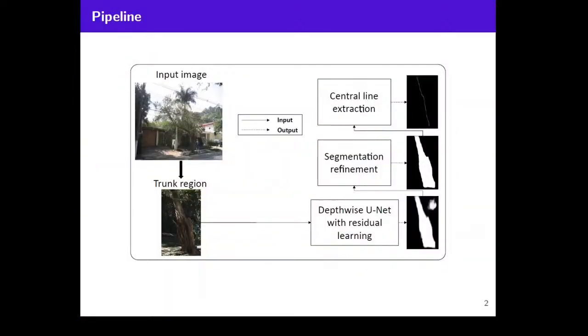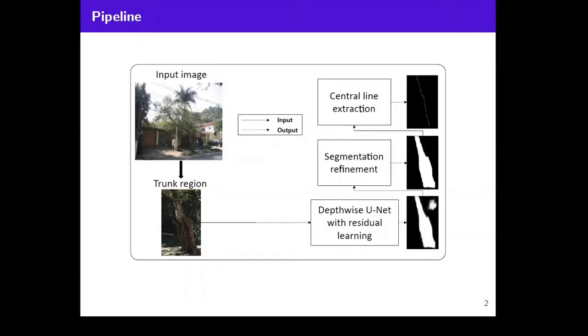So in summary, we have here the pipeline of the proposed approach, which is basically composed of three steps. The semantic segmentation itself inside the trunk region by using a modified UNet architecture with depth-wise convolutions used to reduce the number of network parameters. And then the improvement of the results by using an image processing algorithm applied to remove the regions not belonging to the tree trunk.